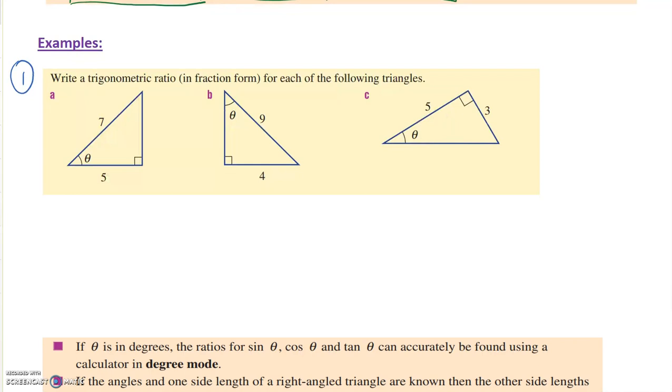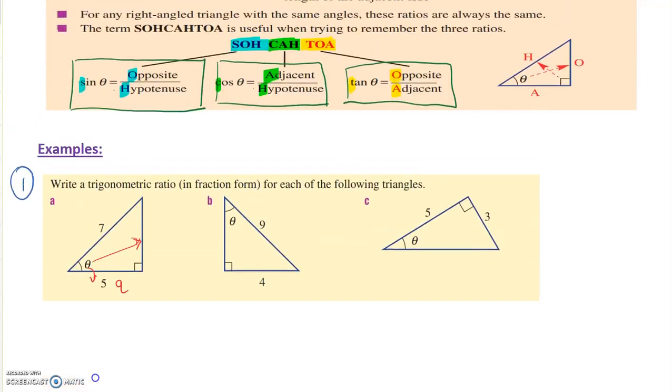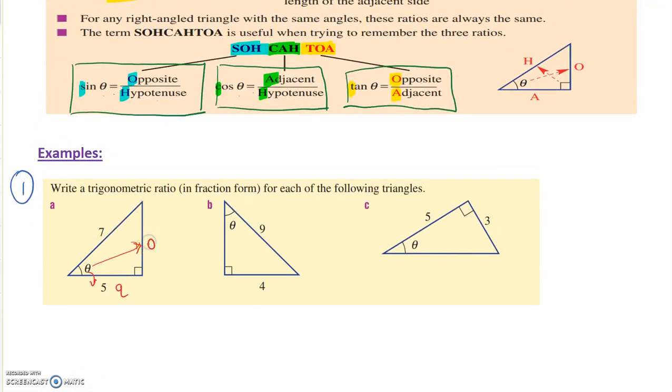Then you start labeling the sides in relation to that angle. The side right next to the angle is 5, which is the adjacent side. The side opposite to the angle, we don't know, there's no number there, so that is the opposite side. And the longest side, the side right opposite the right angle, is the hypotenuse.